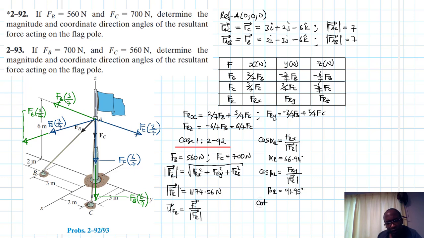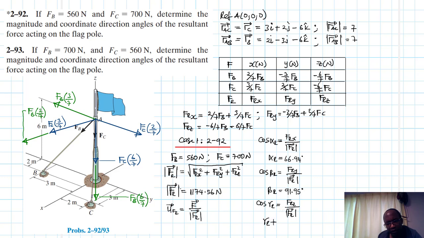And then finally we have cos gamma R is just going to be equal to FRz divided by the magnitude of the vector itself.